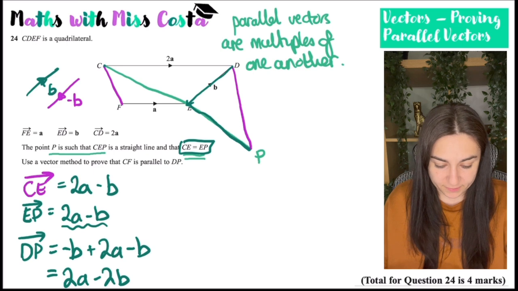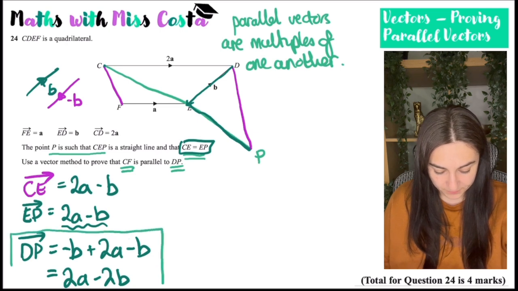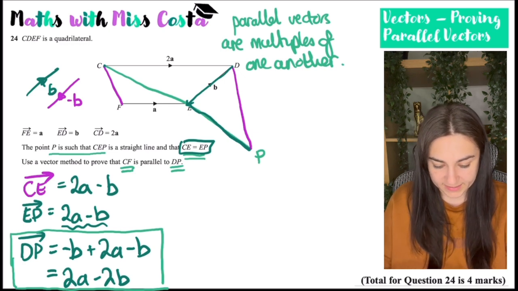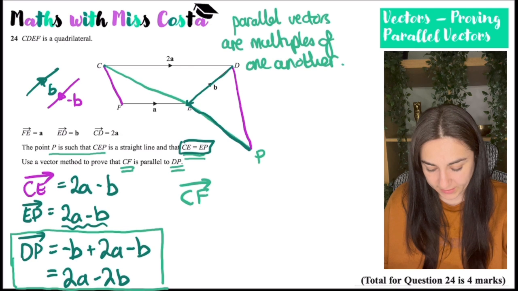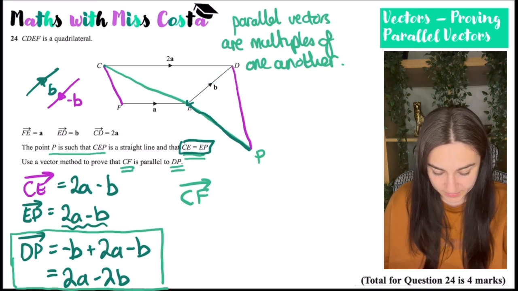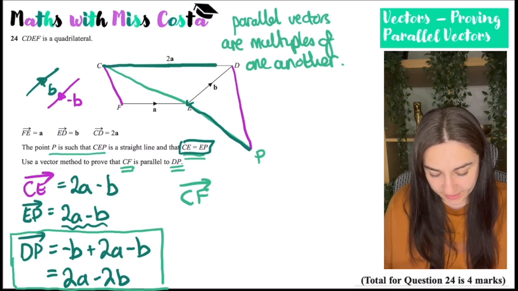Now let's have a look at the vector CF, because I'm trying to look at the vector CF and DP. So I've got DP over here. I know DP can be written as 2a minus 2b. And now I just need to figure out how I can write the vector CF. So once again, let's follow the lines. How can I get from C to F? So I start from C, I go along.